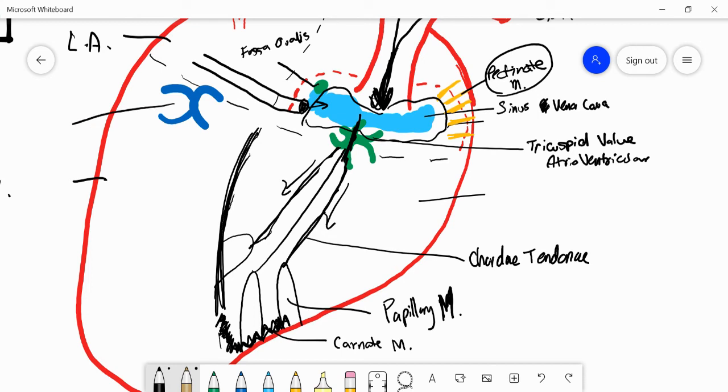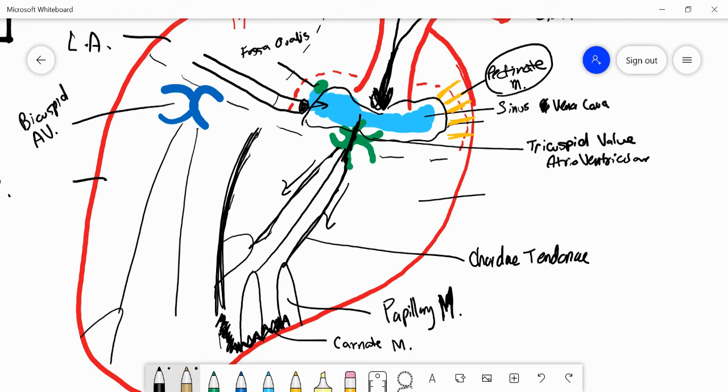So this is the bicuspid valve, and it's also the atrioventricular valve. They will also have their own chordae coming down and connecting to papillary muscles at the bottom of the heart. And essentially, as the blood comes in, it's going to fill into the ventricle.